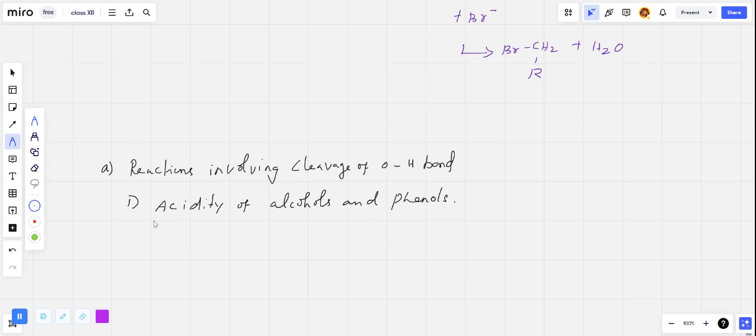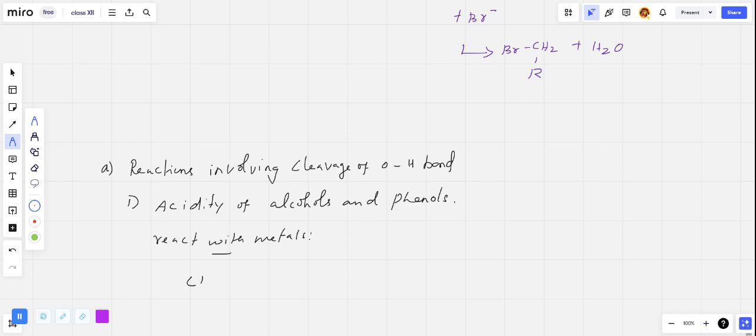When alcohols and phenols react with metals, whenever an acid reacts with a metal, it releases hydrogen. From that, we confirm that alcohols and phenols have acidic character.